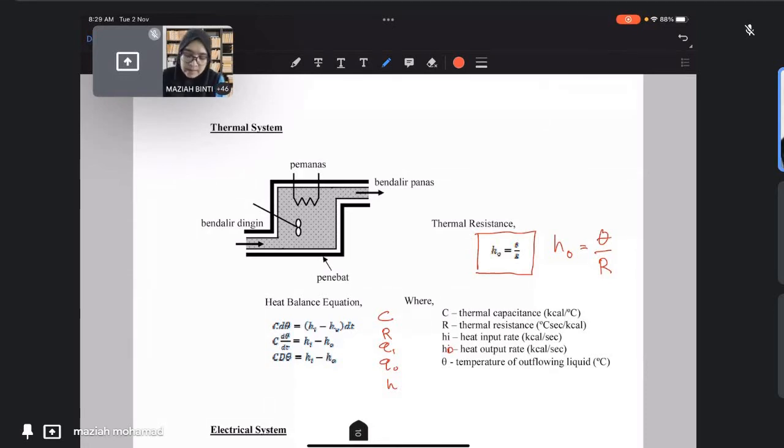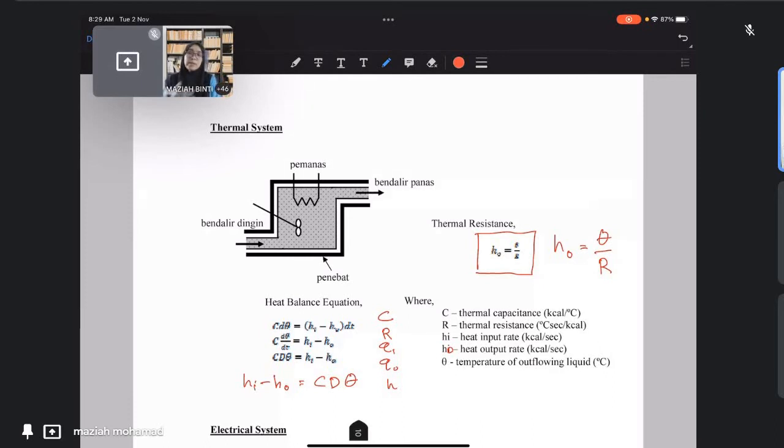And then for the second equation, the theory is based on the heat balance equation, meaning the heat in the container or in the room will equal the difference between the input heat rate minus the output heat rate. So Hi minus H naught equal to CD theta.